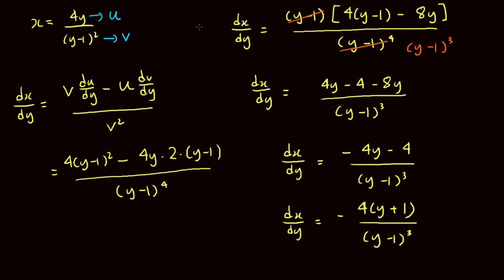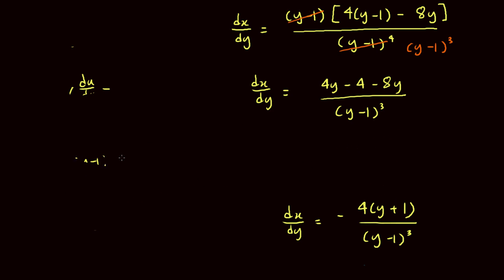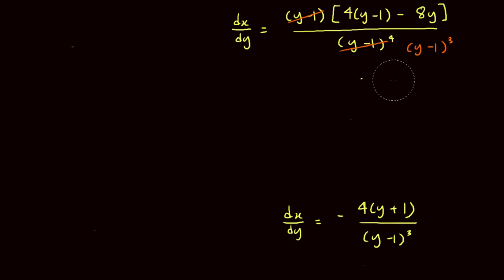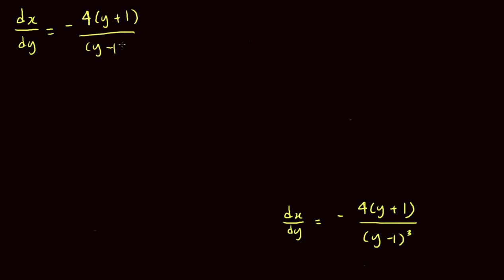I'm going to erase this real quick so it'll be easy for us. Let me rewrite this again. We know that dx/dy is just negative 4(y plus 1) over (y minus 1) cubed.